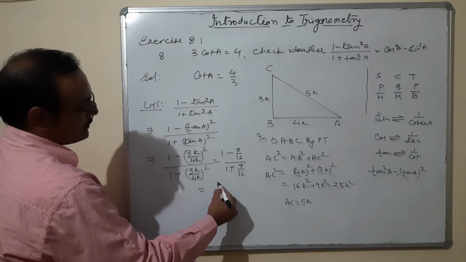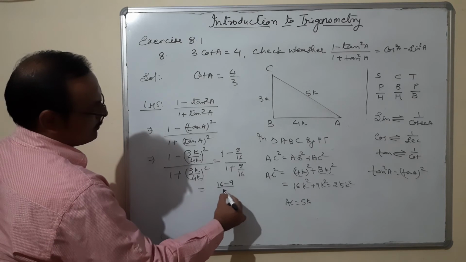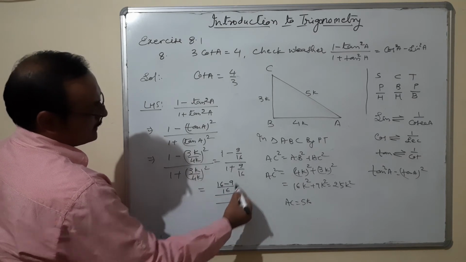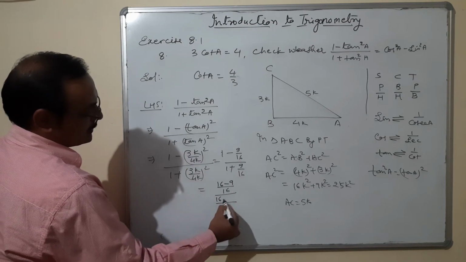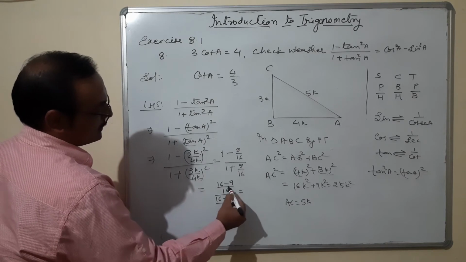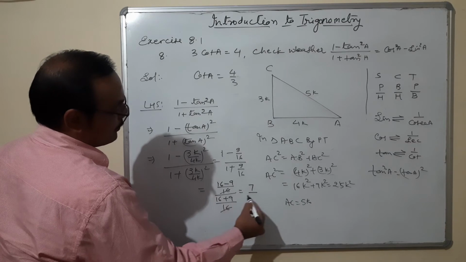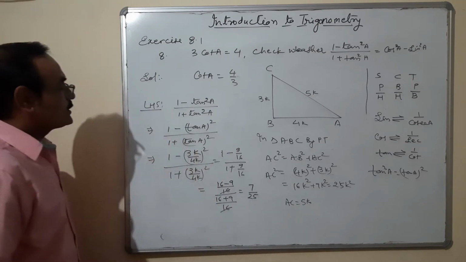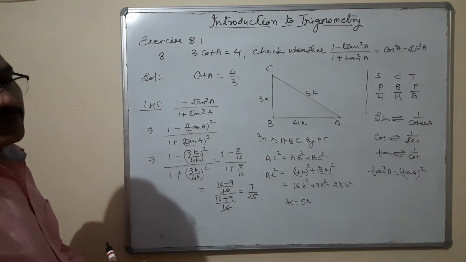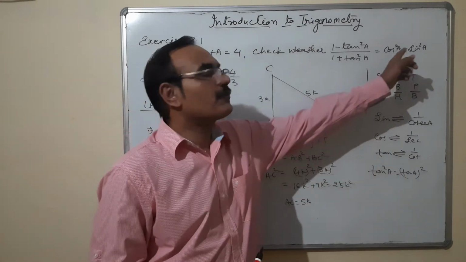When you take LCM 16, it is 16 minus 9 upon 16 and 16 plus 9 upon 16. 16 cancel. 16 minus 9 is 7 upon 25. So the value of the left hand side is 7 upon 25.